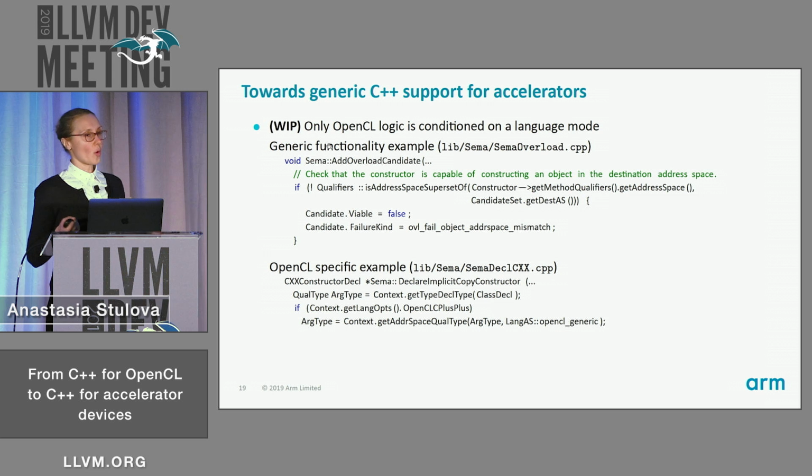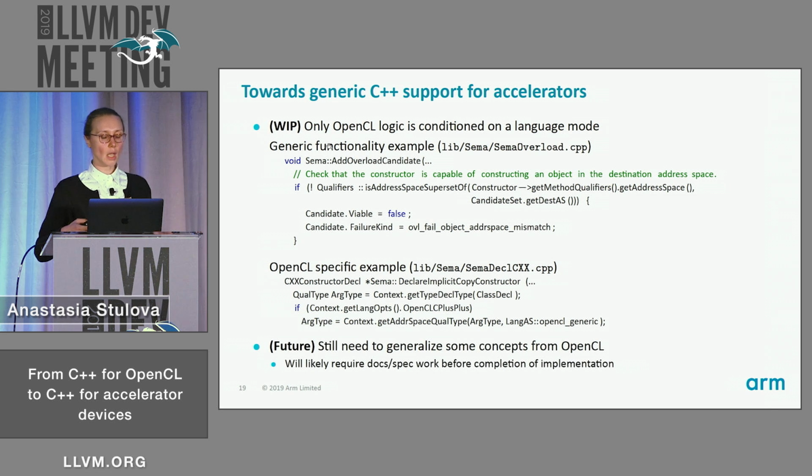Here is an example of OpenCL specific behavior. I mentioned that the solution for adding the implicit object parameter requires OpenCL specific functionality and support of generic address space. Therefore, when we add this generic address space into the qualifiers of the argument type for the constructors, we will have to check for the OpenCL language mode.